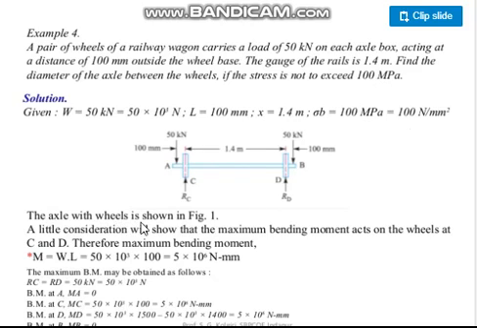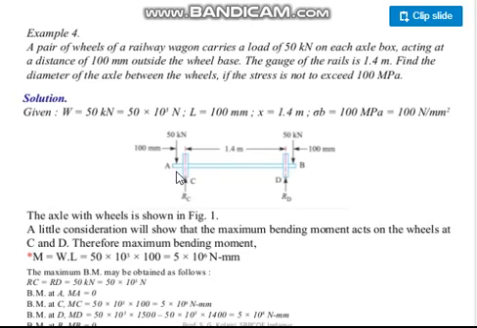So the axle with wheels is shown in the figure. A little consideration will show that the maximum bending moment acts on the wheels at C and D. See here, it is like a simply supported beam at C and D. On this side 100 mm away, and that side 100 mm away we are having two loads.